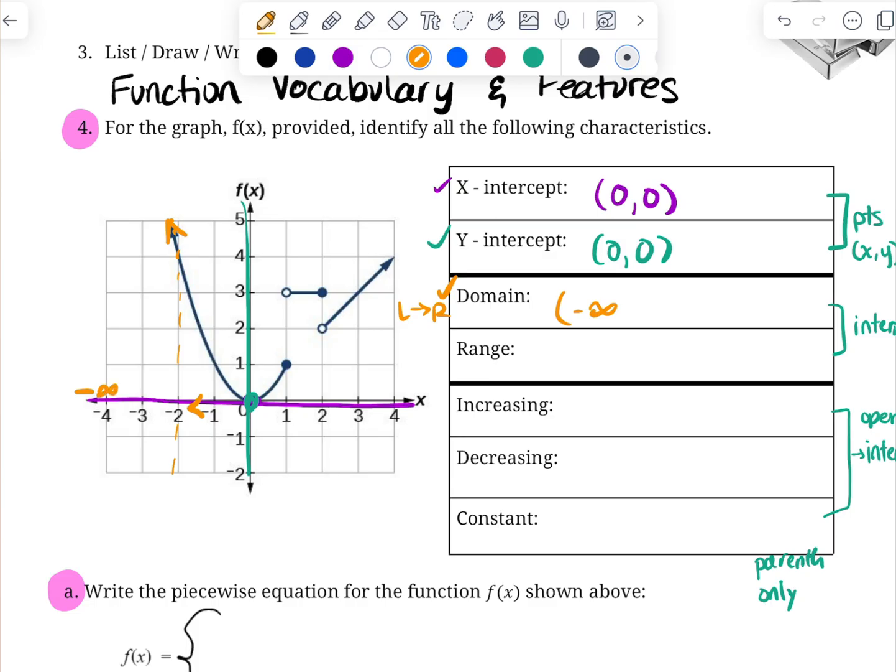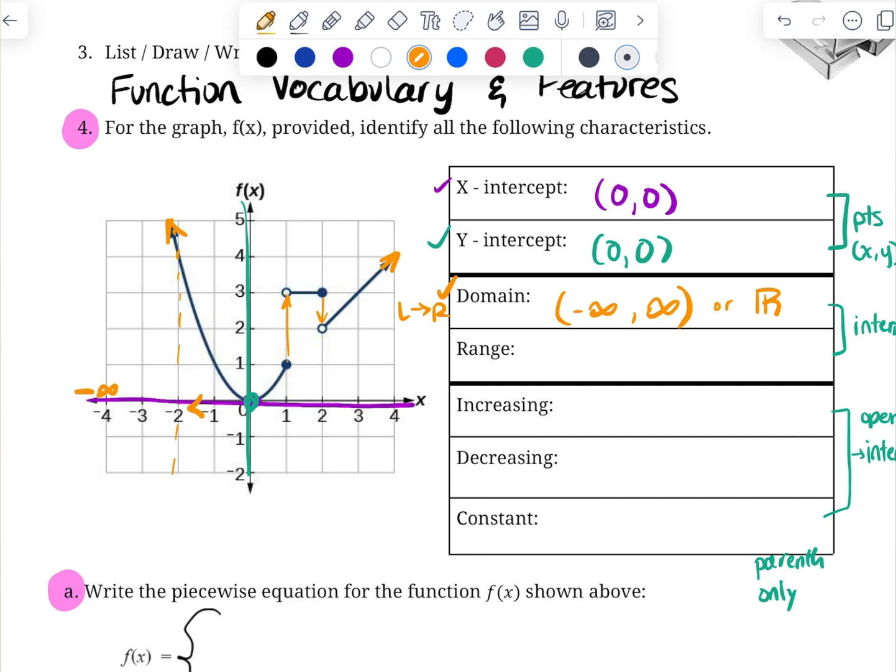If I keep going, my graph jumps from here to here but doesn't break, and then it jumps again but doesn't break, and then it ends with another arrow. So this graph goes from negative infinity to infinity. Or, if you don't want to use interval notation, you could use all real numbers, R.